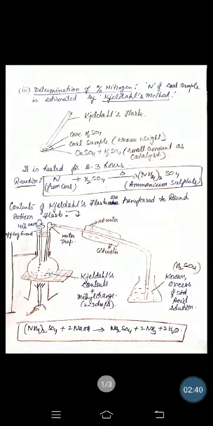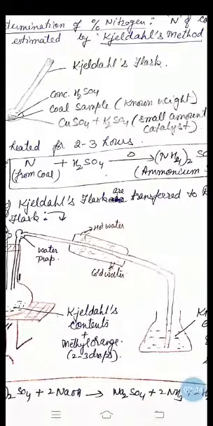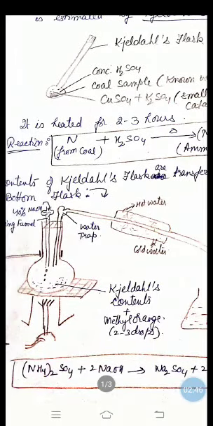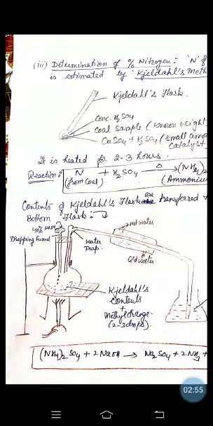This cork has 2 holes. To one hole a dropping funnel is connected, and with its help we add 40% NaOH solution drop by drop inside the round bottom flask.